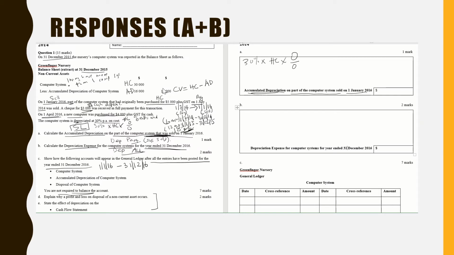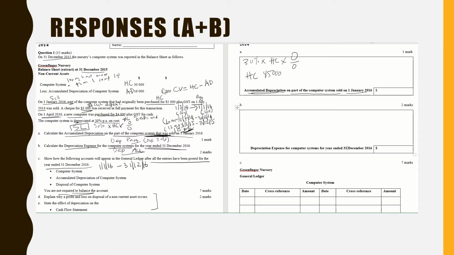And we put the fraction symbol in there just to prompt us to think if perhaps we are calculating for a certain number of months instead of 1 year only. So here, remember, it's for the part of the computer system that was sold, and we've been told here that it had a historical cost of $5,000.